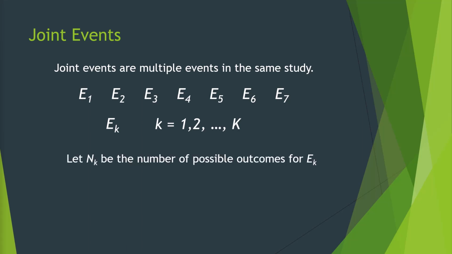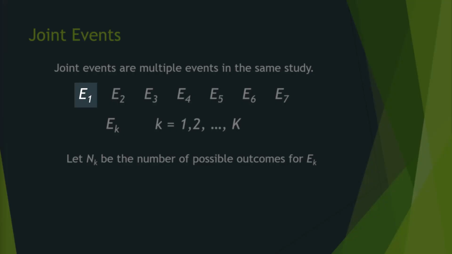Let N sub K be the number of possible outcomes for E sub K. So if event 1 has, say, 4 possible outcomes, then N sub 1 would be 4. If event 2 has 7 possible outcomes, then N sub 2 would be 7.